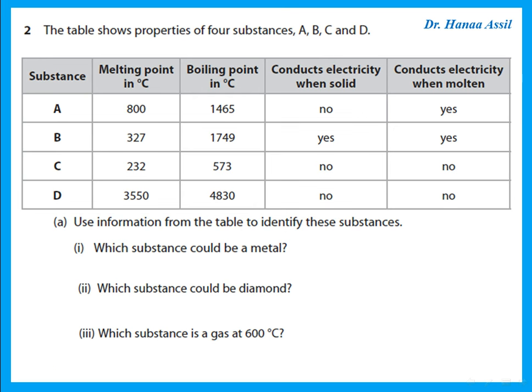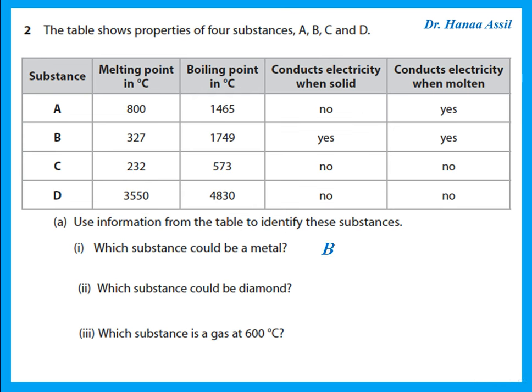Question 2 says the table shows properties of 4 substances A, B, C, and D. And he's saying use information from the table to identify these substances. So he's saying which substance could be a metal. How do I know which one is a metal? You should realize that the metal is the one that conducts electricity when solid.